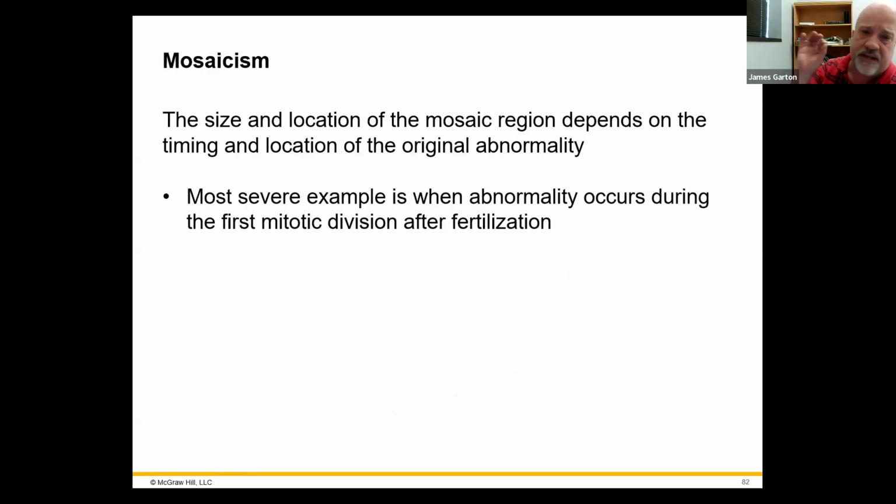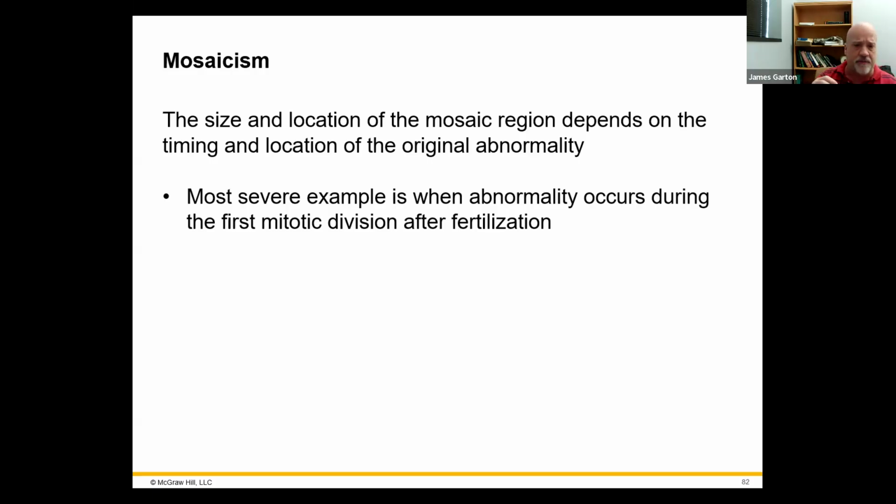And then you have what is called mosaicism. A mosaic region just means that there are little patches of tissue that are going to be phenotypically, and in this case, genotypically different from each other. This happens all of the time. The little mosaic areas are usually too small to really be observed.